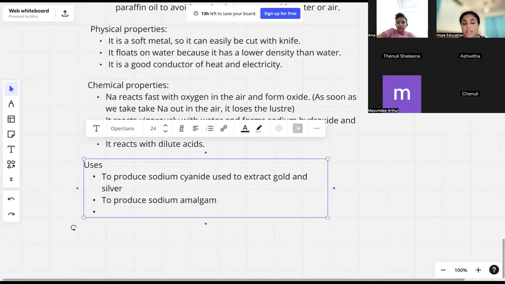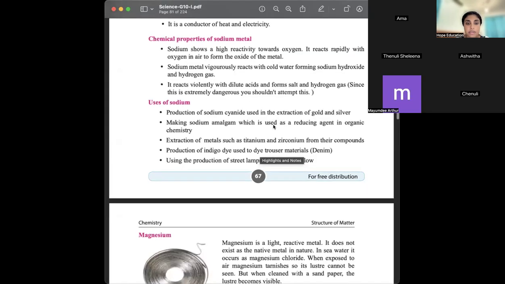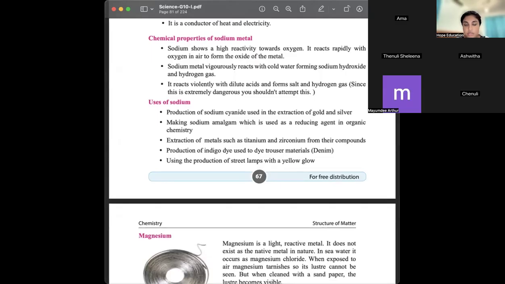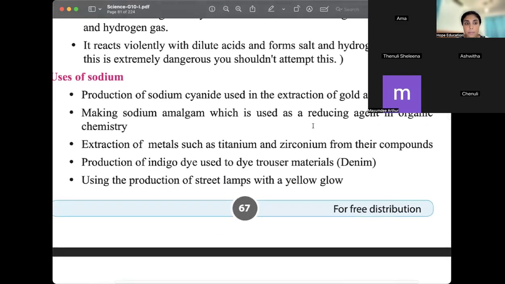Then another one: in the big periodic table there are metals called titanium and zirconium, right? Let me share the textbook actually. That's easier because I'm just reading out what's in the textbook. These are the uses of sodium.